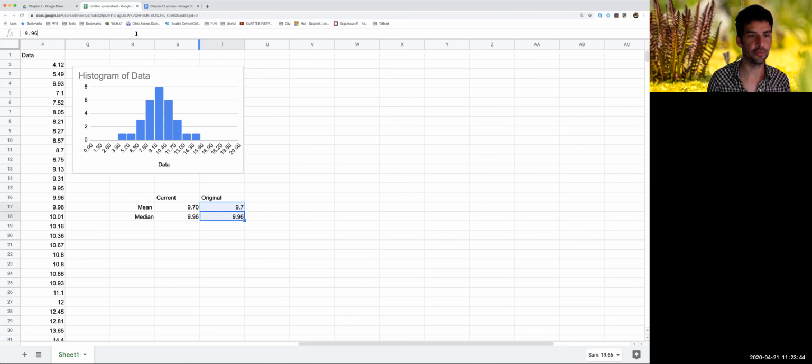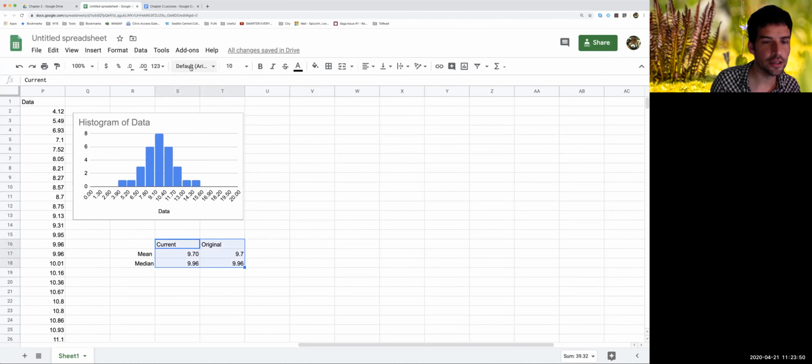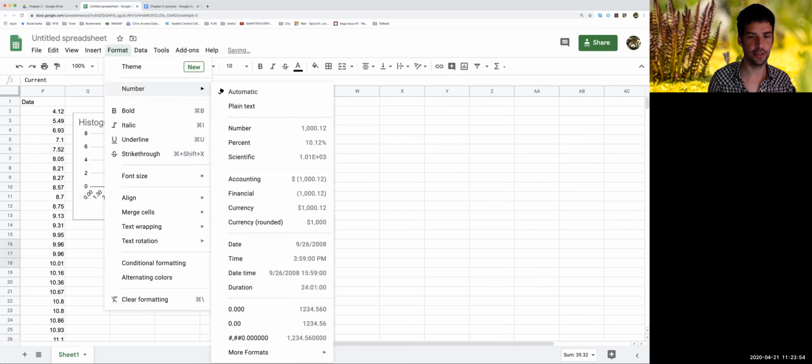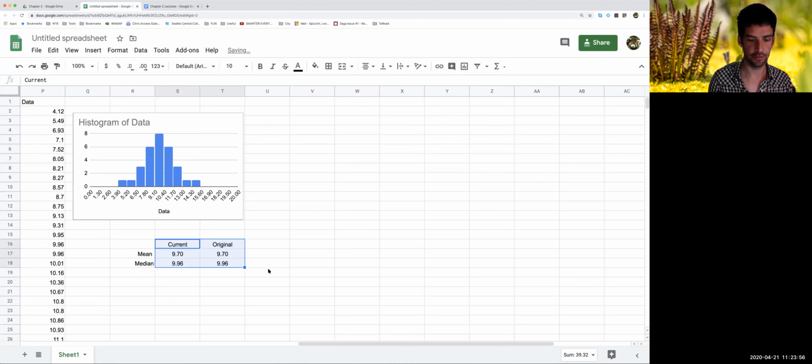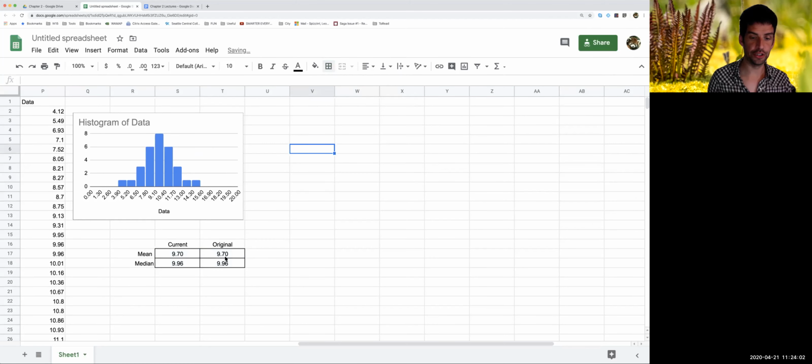So let me fix that. I'm going to format the numbers to be 2 decimal places. Okay, so anyhow, here is our data. There's the original mean, and I'm about to change them, so we'll see this current mean and median change as I go forward.